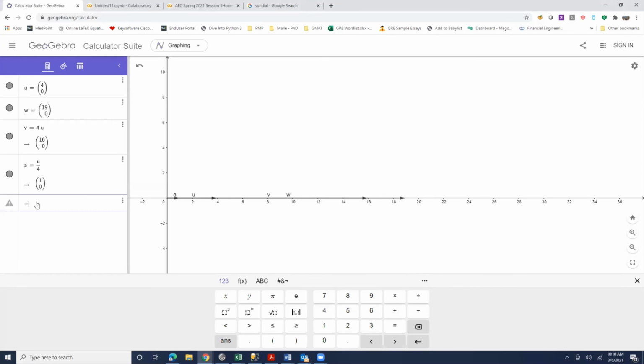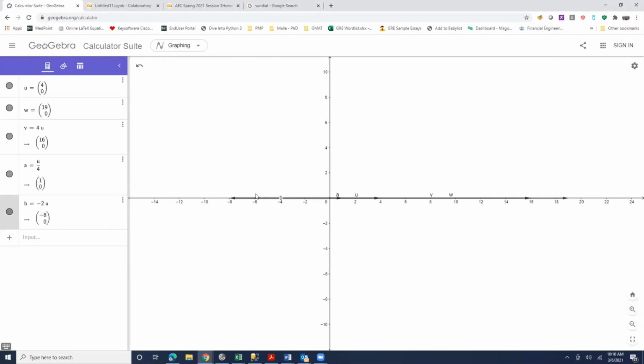So let's say minus 2u. So now it's change direction, right? Well, we are talking in one dimension, right? At this point, we are simply talking in one dimension. So number line. So you could stretch it in the opposite direction. That's what really we could do, right? So these are the operations you can do.